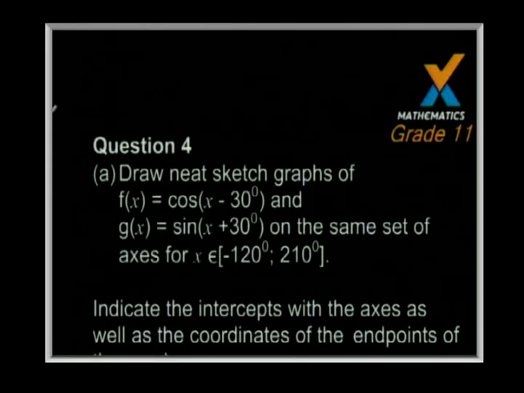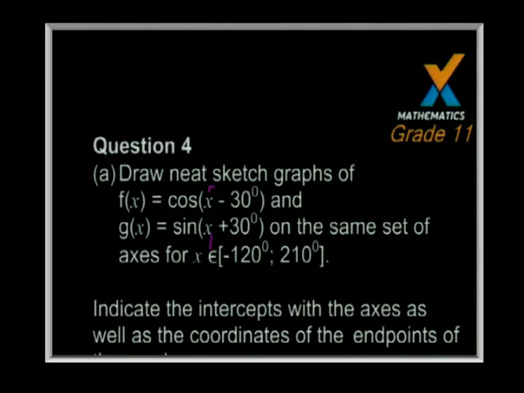So in the cos function, where we're subtracting 30 degrees, move to the right. Little r for right. And in the sine function, when we're adding 30 degrees, we're going to move to the left, an L for left, just to remind us.